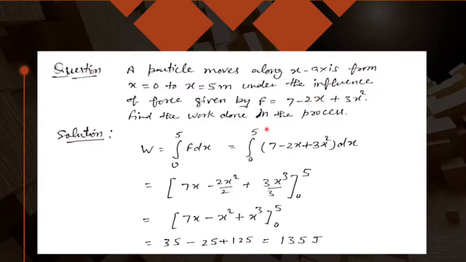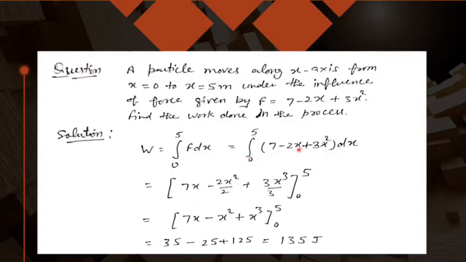For this you will be using the integration method. Work done can be given by the integral from 0 to 5, initial position to final position, of F dx. The value of F is given. You should know the formulas of integration. Integration of a constant is x.